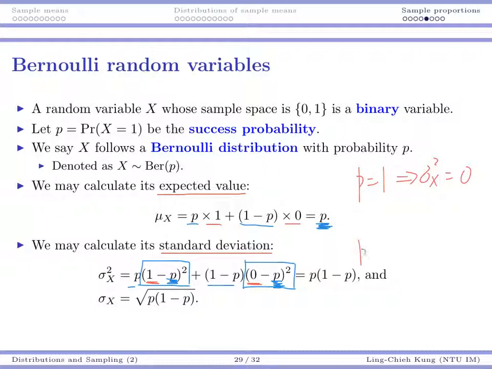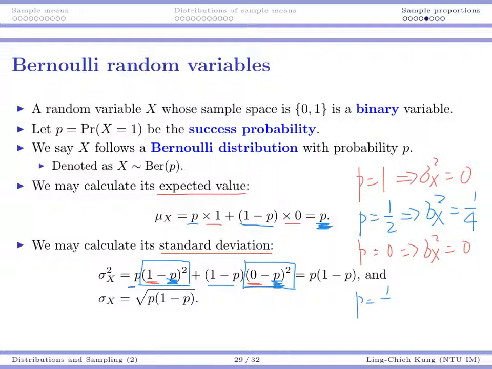If your P is 0, then again, you have no randomness. If all of them are girls, when you select one student, she must be a girl. But what will happen if your P is 1/2? In that case, your variance would be 1/4, right? And you can show that this is the largest possible value.